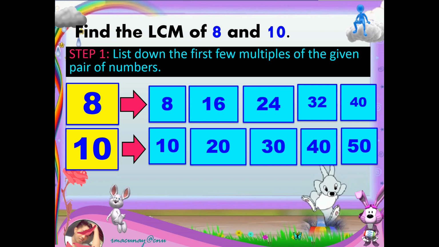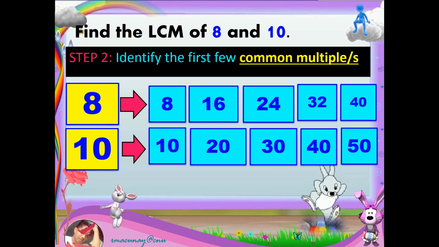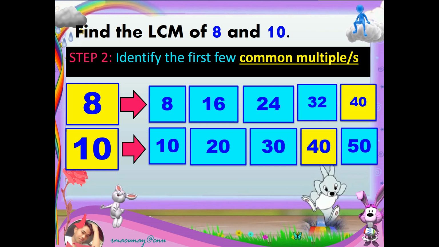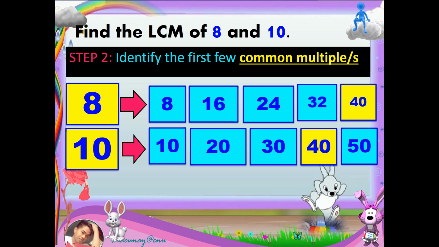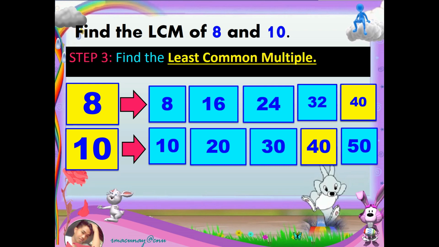Step number 2, again, identify the first few common multiples of 8 and 10. So we only have 40. So 40 is our first common multiple of 8 and 10. But then again, we all know that the first common multiple is also our LCM, or the least common multiple.